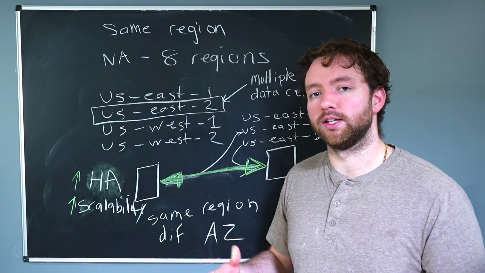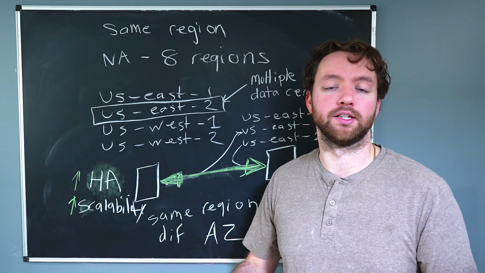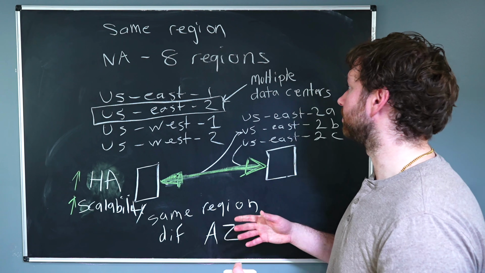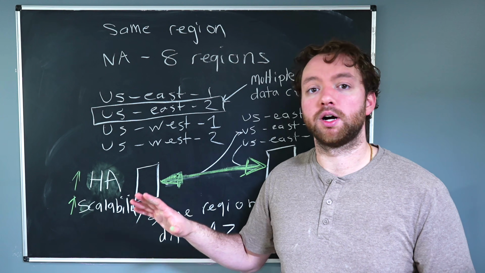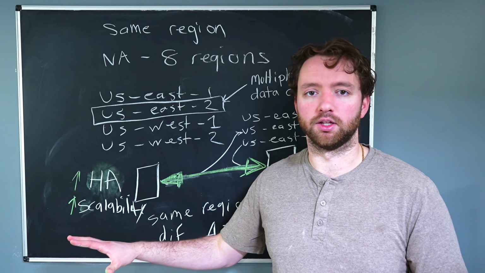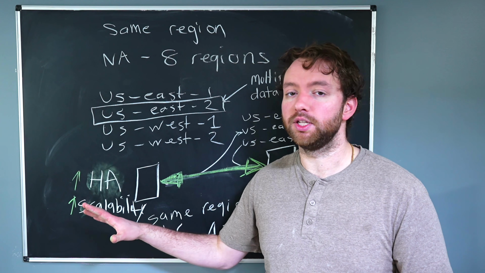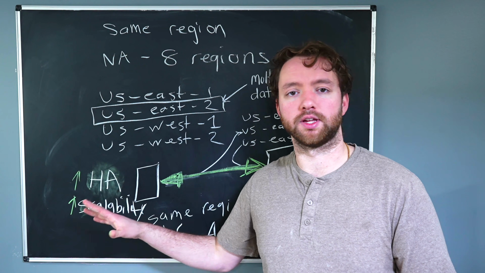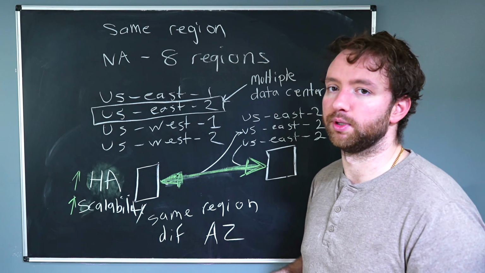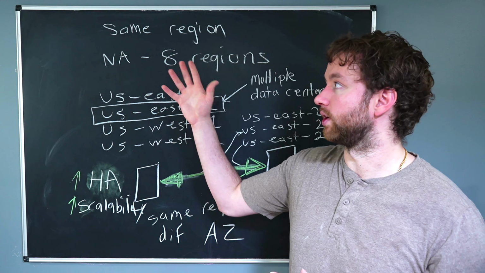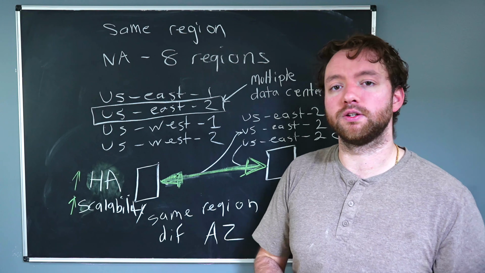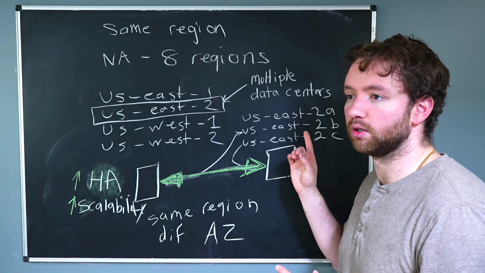So the biggest benefit in this step is that you're protecting yourself against issues that might impact a complete availability zone, possibly leaving your service completely unavailable if both of your servers are within the same data center or availability zone. So the major benefit you get going to this step is protecting against issues that could impact an entire availability zone.